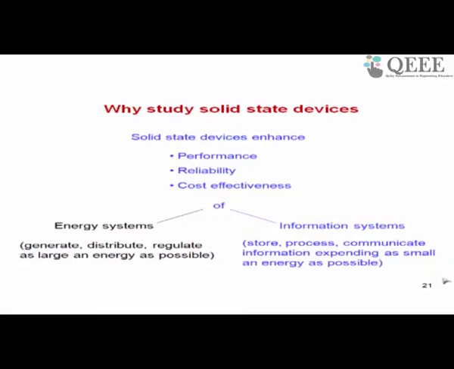So while in energy systems you want to manage large amounts of power, in information systems you want to manage large amounts of information expending as small an energy as possible. That is a difference. So the construction of the two systems and the type of devices used in the two systems will be different. Historically, these systems have been built using different types of devices.